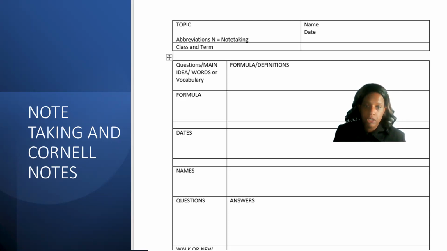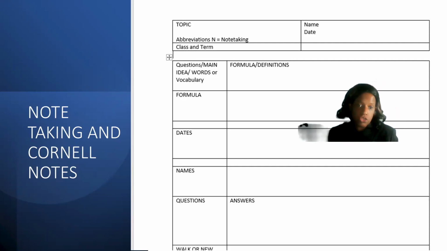Why are dates important? Because they tell when events happened. Names are important. They tell you about what happened in history, what they're trying to teach you, and the concept that you're trying to learn. Everybody got that? So names are important.